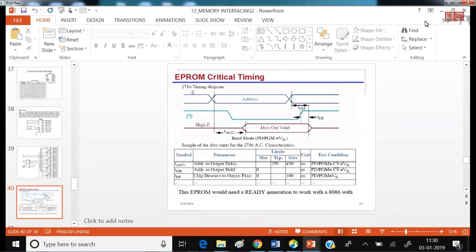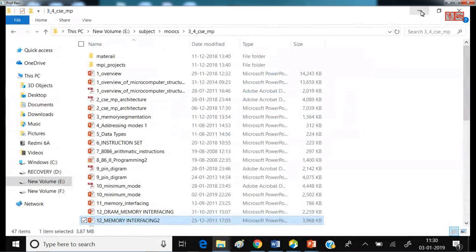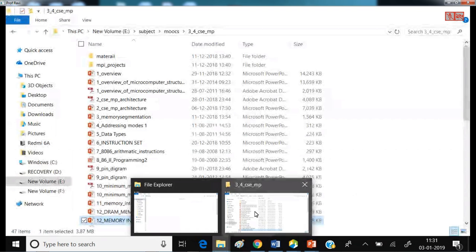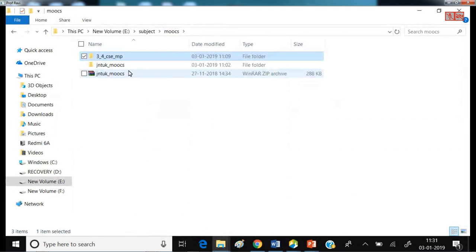So now this is about how you are designing a basic system and its hardware details regarding 8086. Right? So now this is the syllabus of your course.